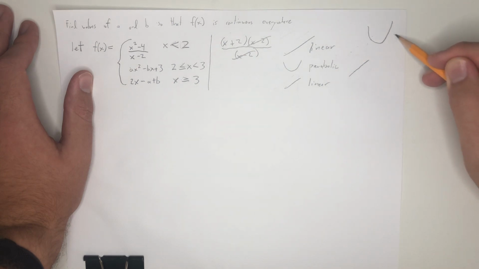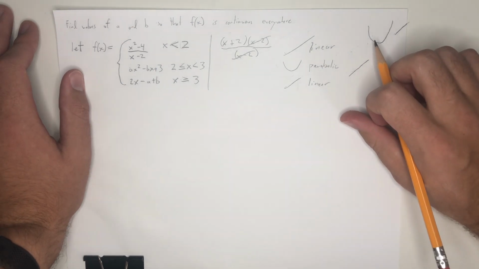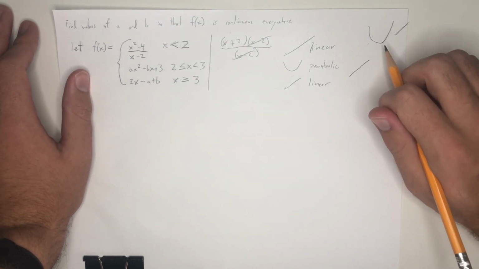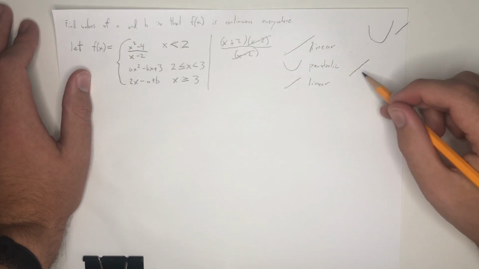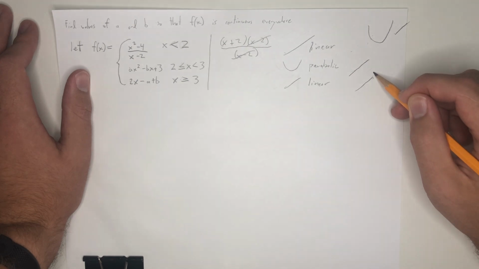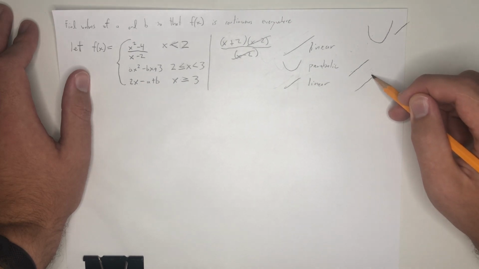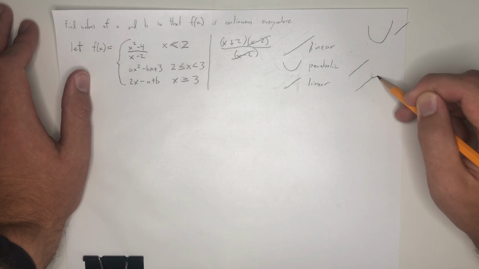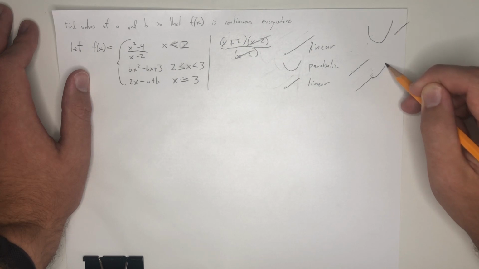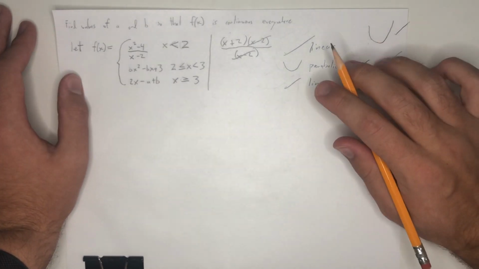But we want it to be continuous, so we want to find the a and b values that make these all connect. That's not a very good sketch, but it's the idea of continuity.